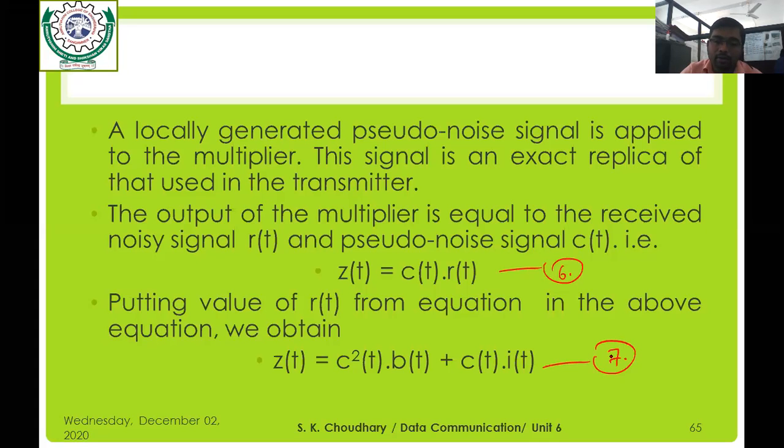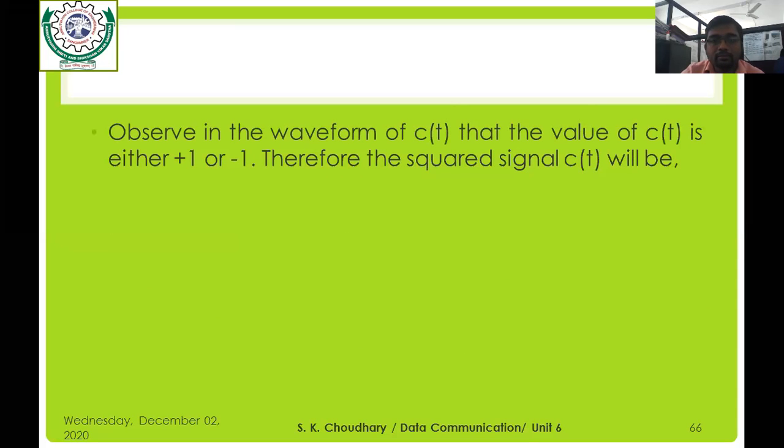So from this equation number 7, you can see what is c(t)? c(t) is a polar signal that could be +1 or -1. So c square(t) is what? It would always be +1. So you can consider in equation number 7, c square(t) is equal to +1, and that would modify z(t) to b(t) plus c(t) into i(t).